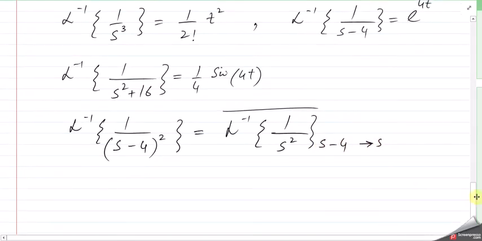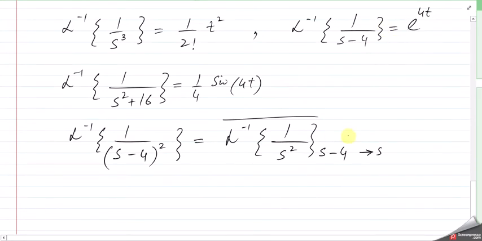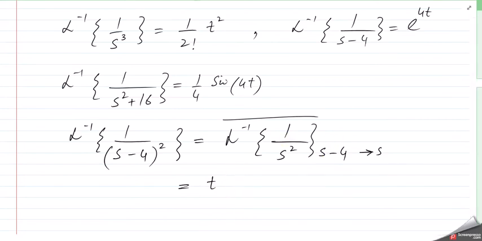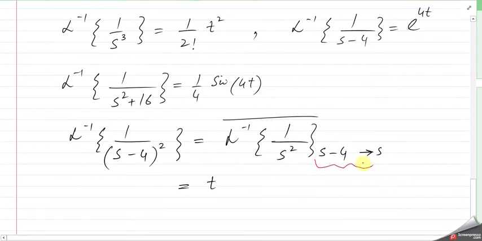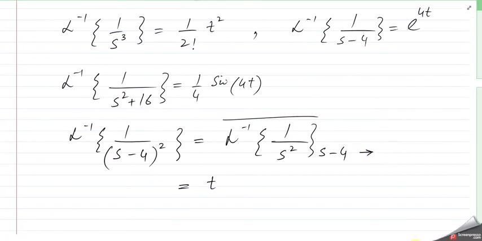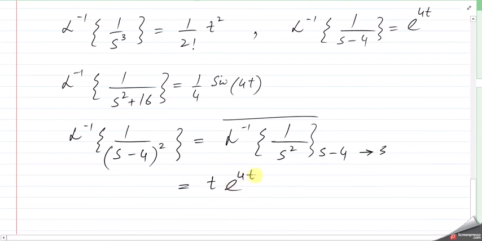Okay, so as you can see the difference now, and now I write the inverse of 1 over s square just like over here, and that is t over 1, and then this part gives me e because of the shift theorem. So this thing gives me e power 4t. Okay, so that is what we call shift theorem.